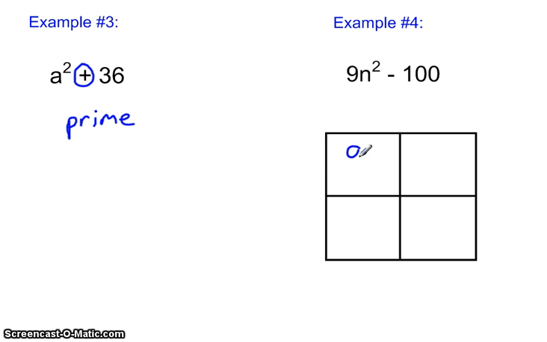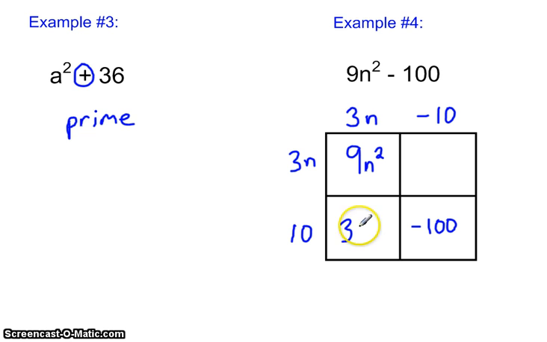So let's see how this shakes out. We've got 9n squared minus 100. We know we're going to have a 3n here and a 3n here. The square root of 100 is 10, so I'll put a minus 10 here and a 10 here. 3n times 10 is 30n. 3n times negative 10 is negative 30n.